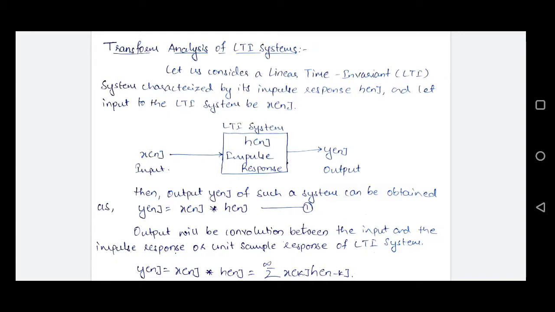We know that output of a linear time invariant system for any arbitrary input can be taken as a convolution between input and the impulse response of the linear time invariant system. Therefore, output y of n can be obtained as convolution between the input x of n and the impulse response h of n, represented by x of n asterisk h of n.